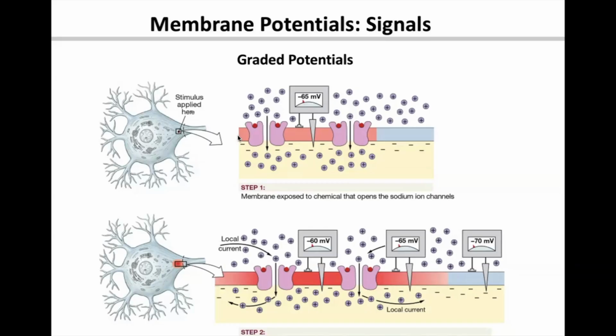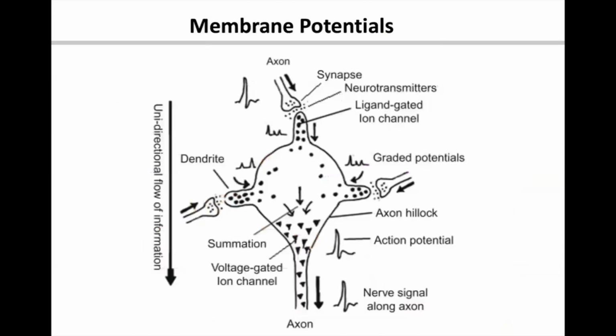Okay, so if I go back to the slide that we started off with, I want to show you these axons are sending neurotransmitters, and ligand channels are opening. They can be graded potential and die out, or it is possible there is another neuronal neurotransmitter release, and more neurotransmitters are released, and more ligand channels open.